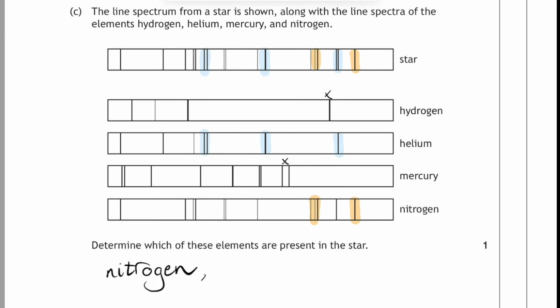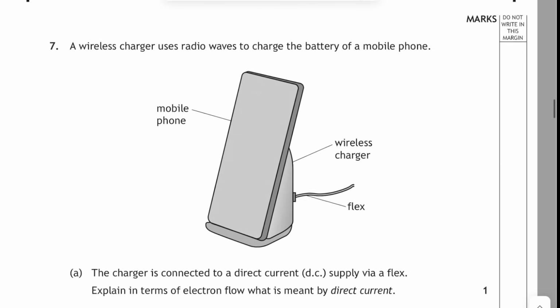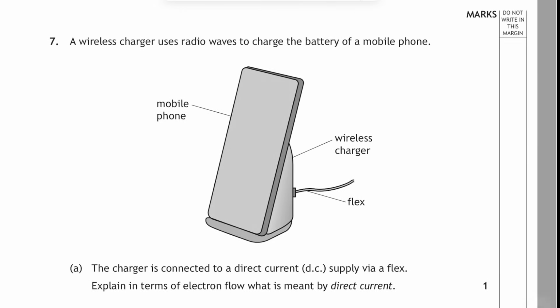So if the lines are missing in the star spectrum, then those elements aren't present. So it's only nitrogen and helium. 1 mark for both of them. And that is it for the dynamics and space questions. Question 7's on electricity, and we will come back to that in part 2 of the video.